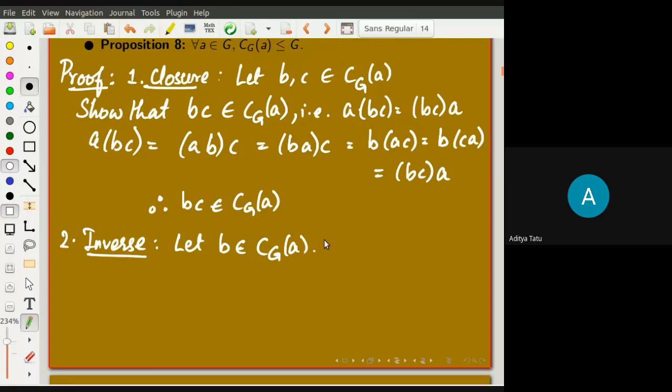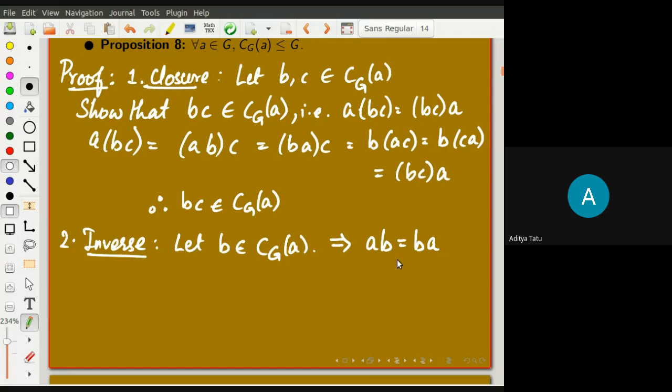What does this mean? That B is in the centralizer of A. A dot B equal to B dot A. Then what should I do? See, what do I want? I want A B inverse equals B inverse A, right?